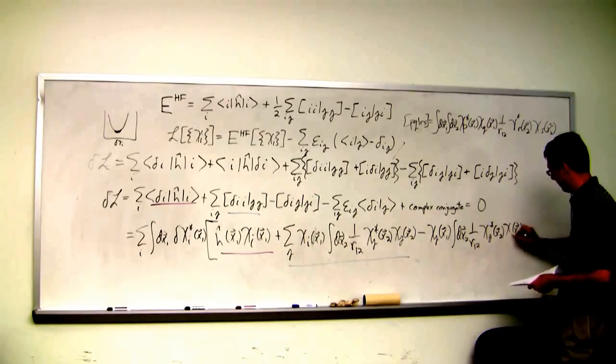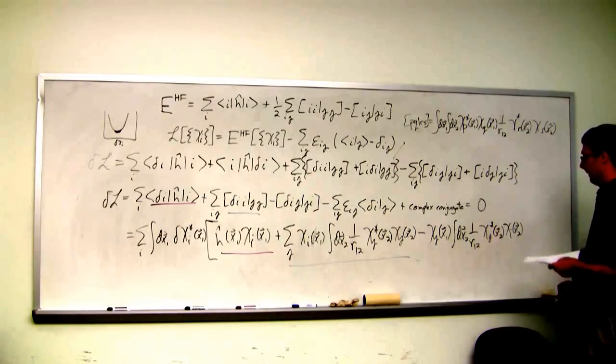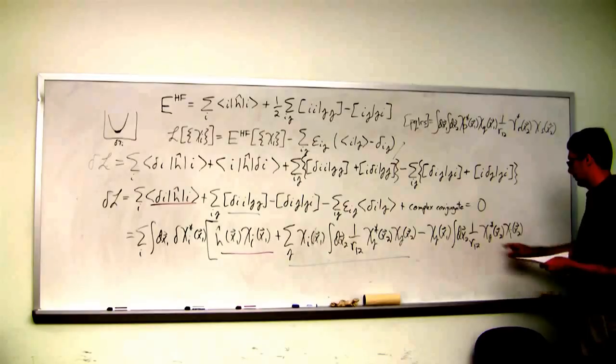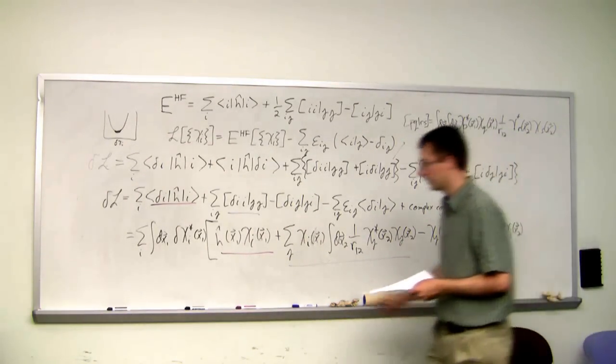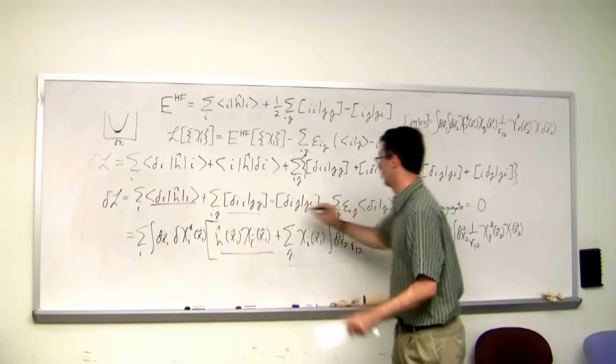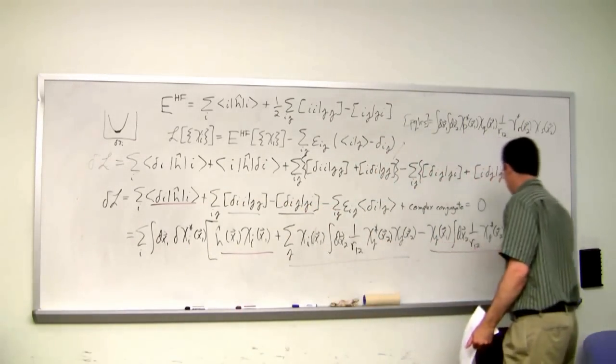That's supposed to be I. So that's the exchange term. Do I have another color? Brown. This is this piece.